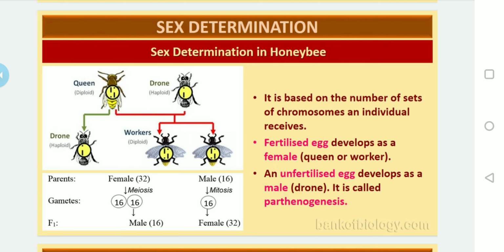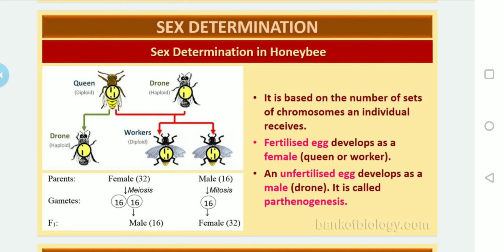Okay, and the queen does not guarantee that it always produces only haploid, but it is based again on the formation and fusion of the gametes.